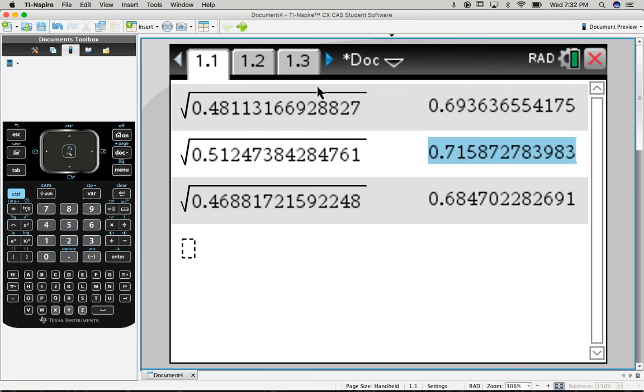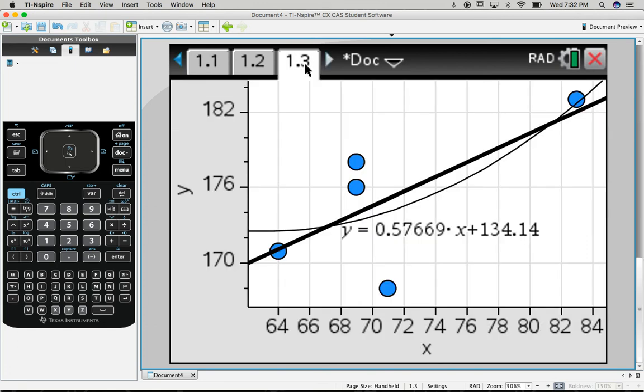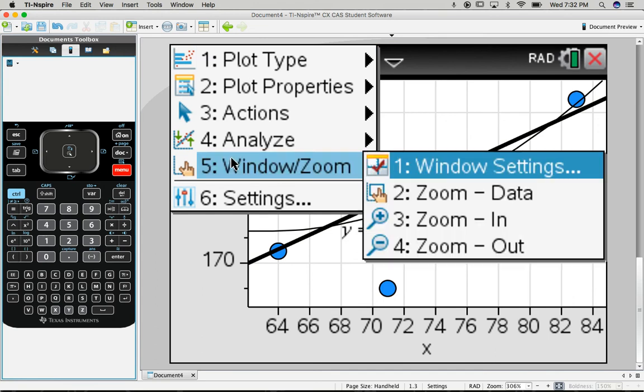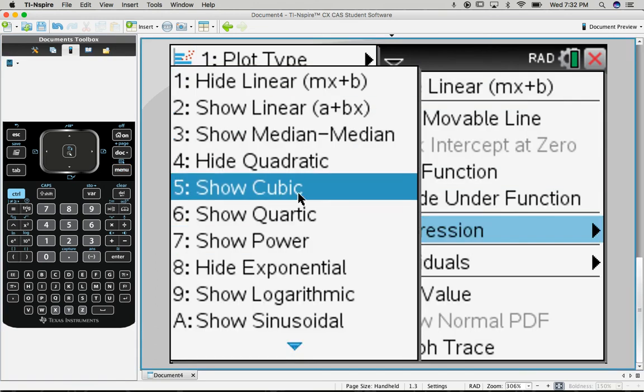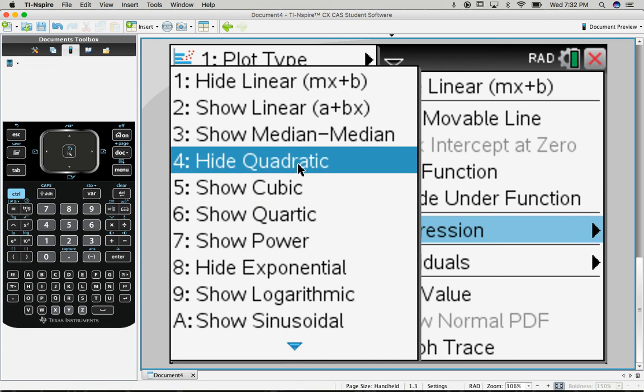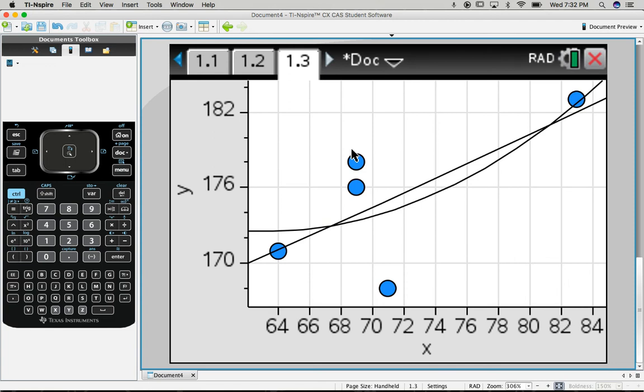So then you would use that equation for quadratic, and you would be able to use it to predict future years and whatnot. For instance, I could come back here and say, let's go ahead and use that quadratic. Analyze, regression. Let's use the quadratic, actually it's already there. Let's hide the linear one.